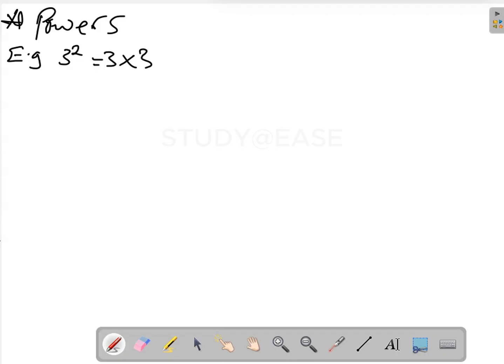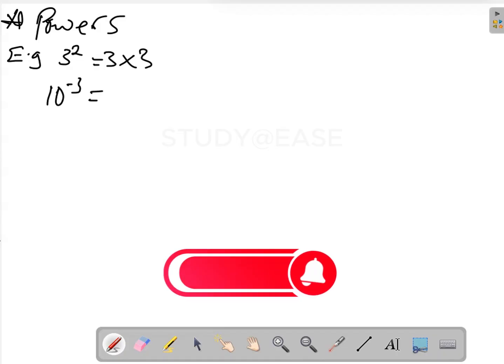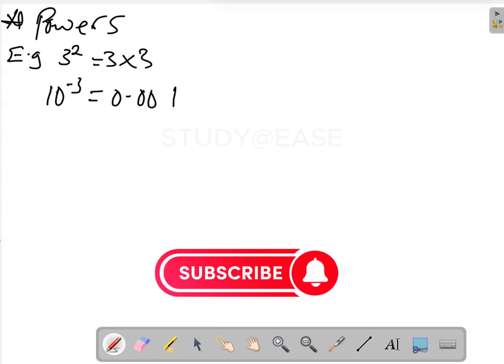Negative powers, such as 10 raised to the power of minus 3, is equal to 0.001. Powers can also be written using this symbol. Let's say, for example, you have 10 raised to the power of 6 written like this.